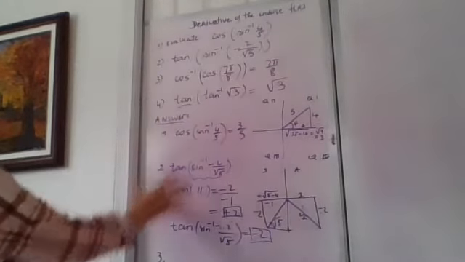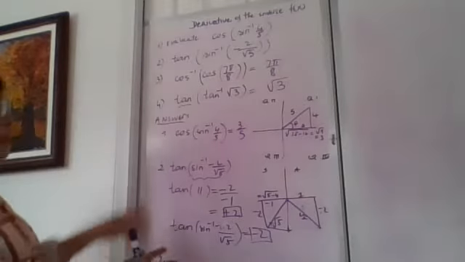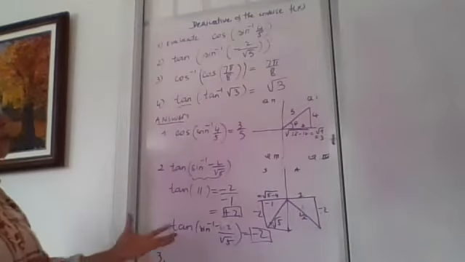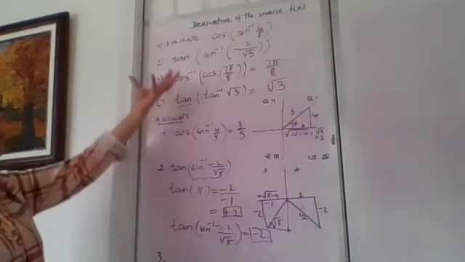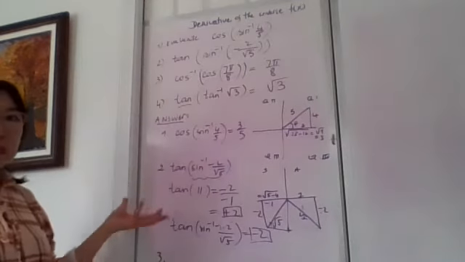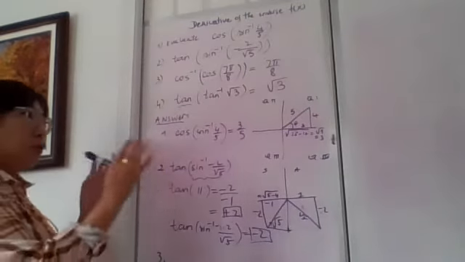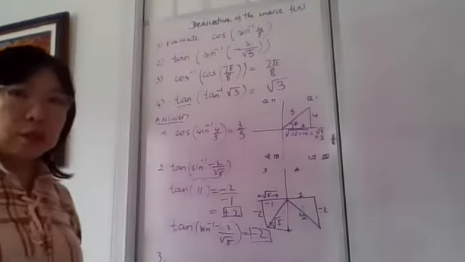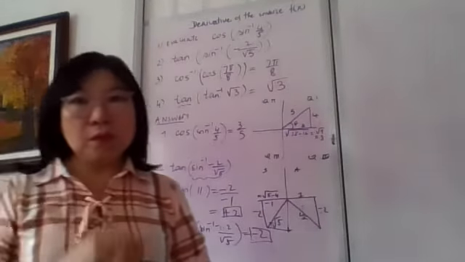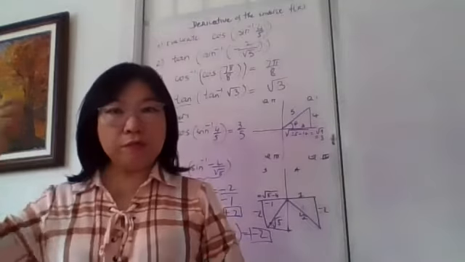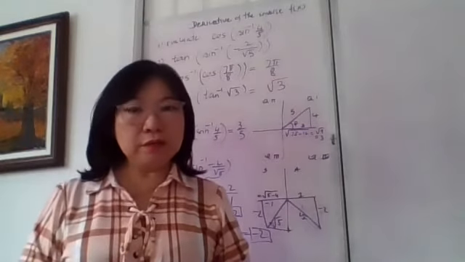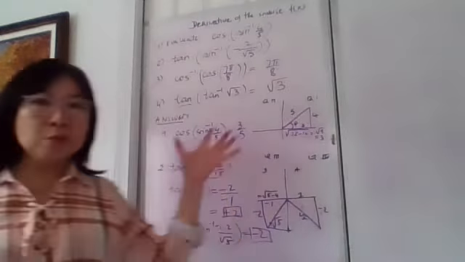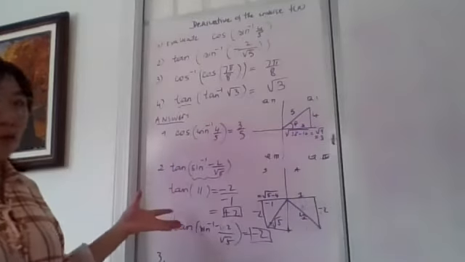So I hope that you have a clear idea, a clear concept about the inverse notation of trigonometry. That's why I would like to give you a quick evaluation before we get into the derivative of the inverse. So I hope you understand this video, right?